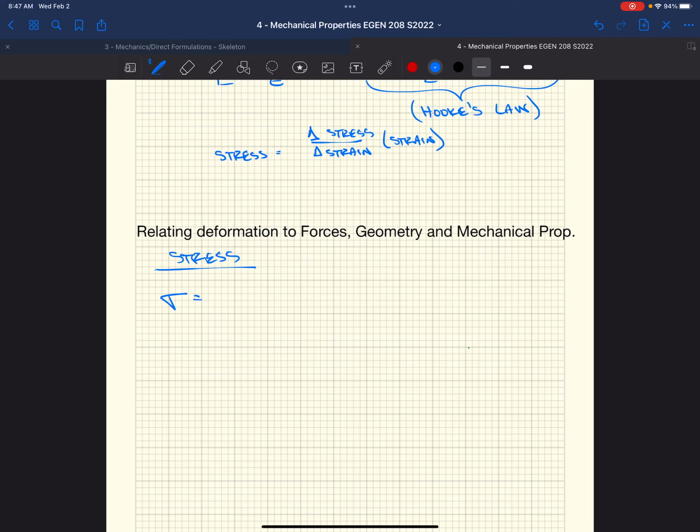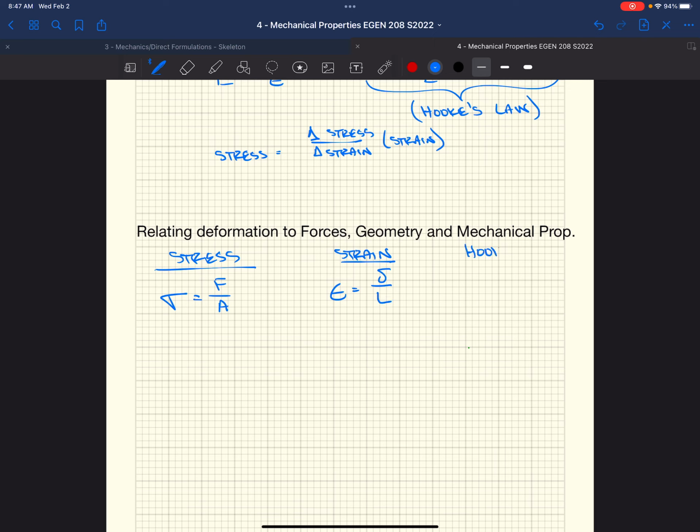Something over something. What is it? Force over area, right? So we have F over A. Strain, epsilon. What's that? Yeah, change in length over the original length. Call it delta over L.